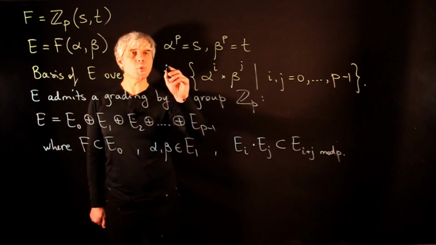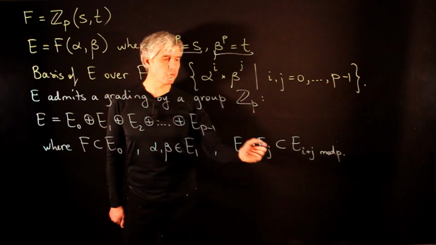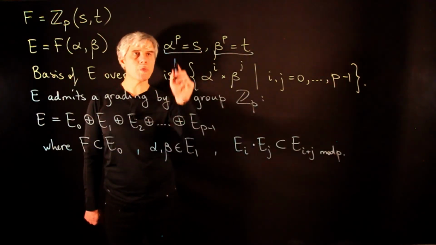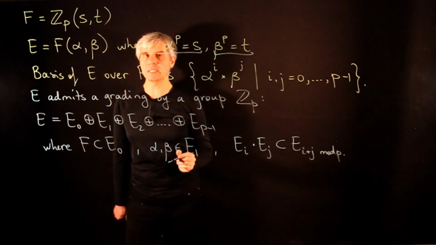The reason that this works is that these relations are homogeneous with respect to this grading. Both alpha to the power p and s will belong to component E0.